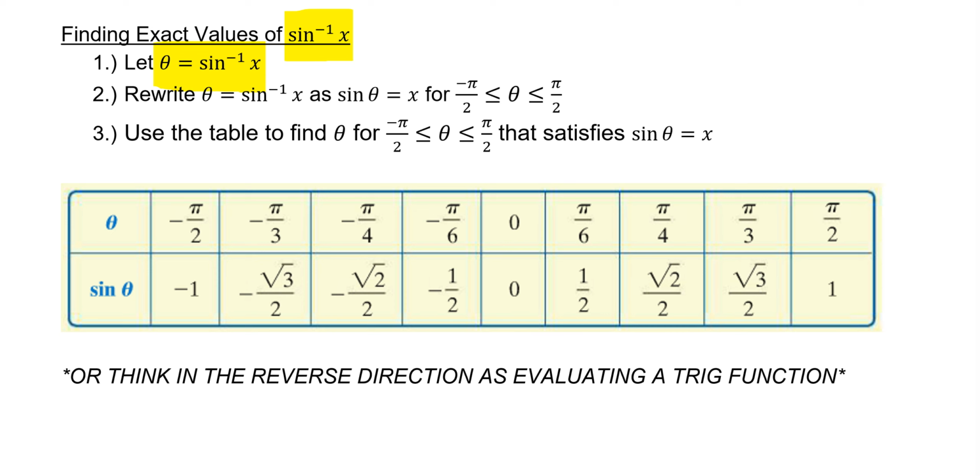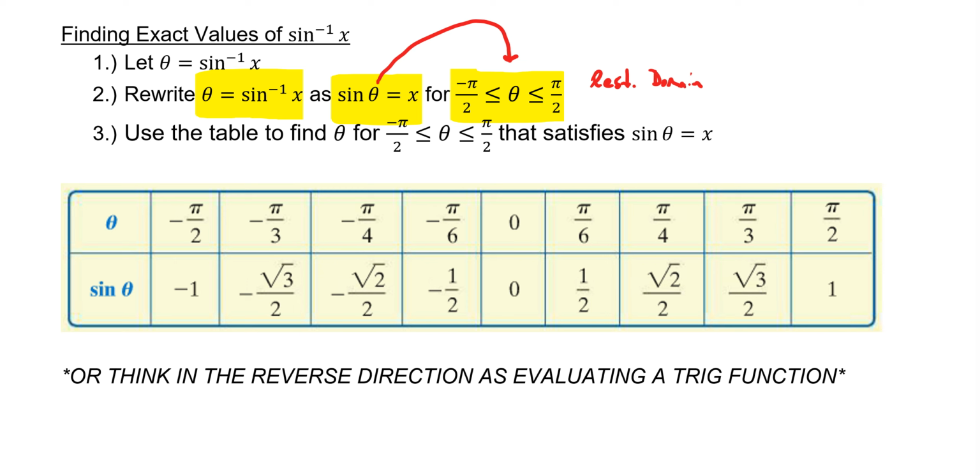Then we're going to use the format I have written above and rewrite it in terms of sine. So instead of theta equals sine inverse of x, we rewrite that as sine of theta equals x. The tricky part here is that the angle this is referring to has to be in the restricted domain we discussed on the previous page. The restricted domain for sine was negative pi over 2 to pi over 2, including those endpoints.